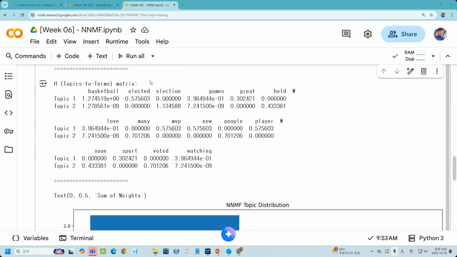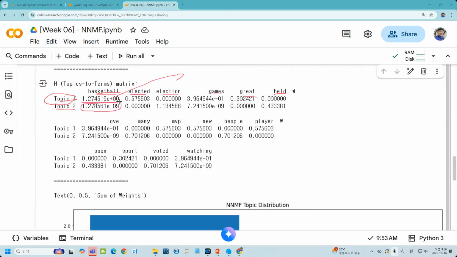The topic term matrix is also the same. We have the topics and the respective terms. For topic 1 and topic 2, the basketball shows 1.27. You can see here this is a number more than 1, so it is possible to have a number more than 1.